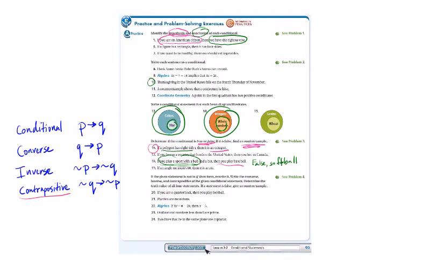It both flips and negates, switching the order of P and Q and negating them: if not Q, then not P.